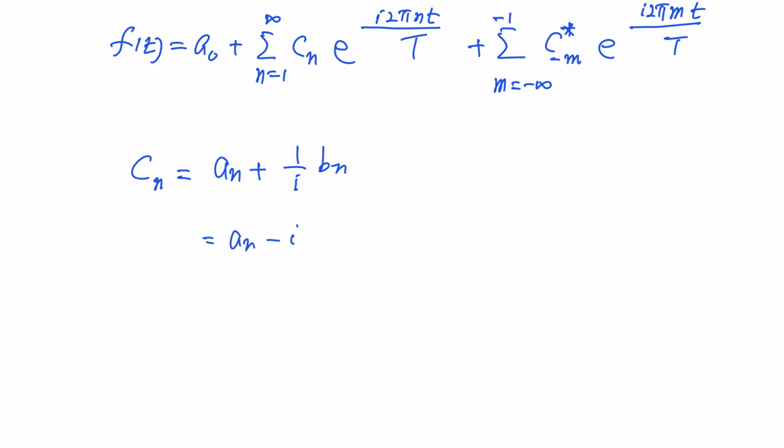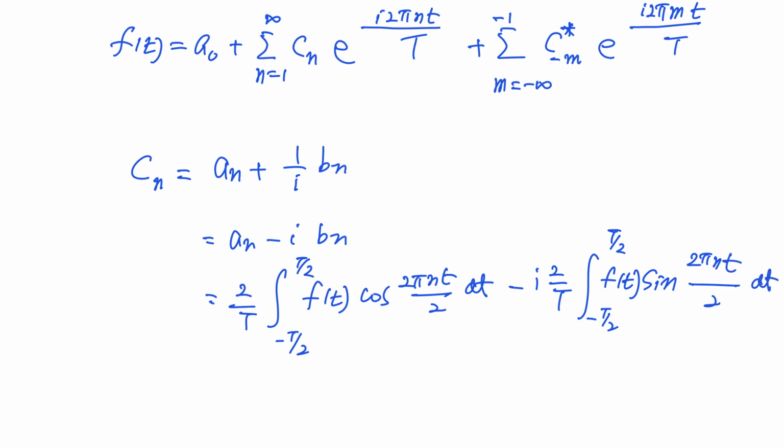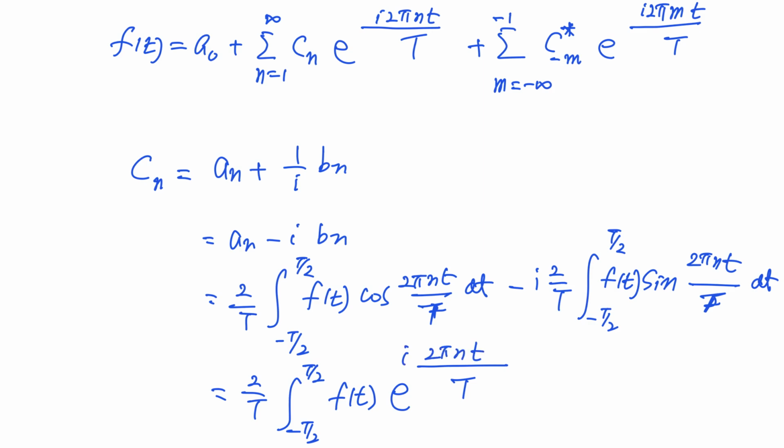Over an minus i bn, which is 2 over T integral from minus T over 2 to T over 2 of f(t) cosine 2 pi n t over T dt, minus i 2 over T integral of f(t) sine 2 pi n t over T dt, which can be combined together as 2 over T integral of f(t) exponential, this is big T, i 2 pi n t over T dt.